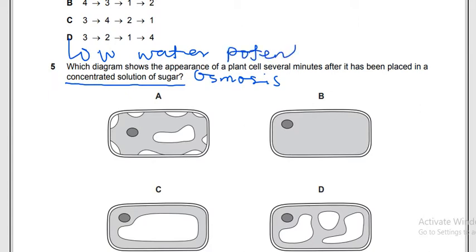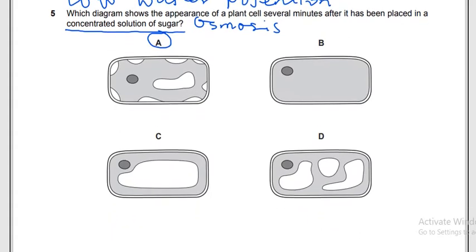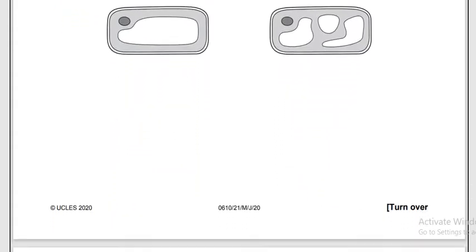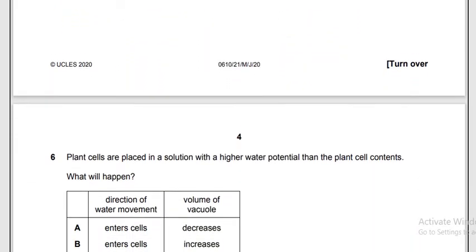And if it has a low water potential, that means the plant cell has a higher water potential. So water will move down the water potential gradient from the plant cell into the solution. So it will make the content of the plant cell lose water. So your answer here will be A, because that looks as if the cytoplasm is losing a high content of water.